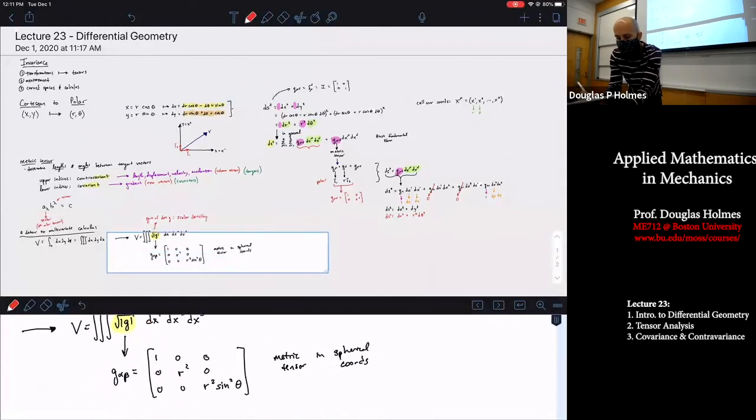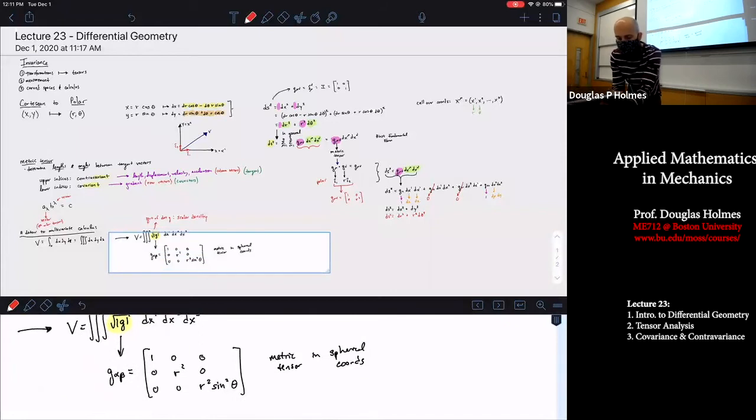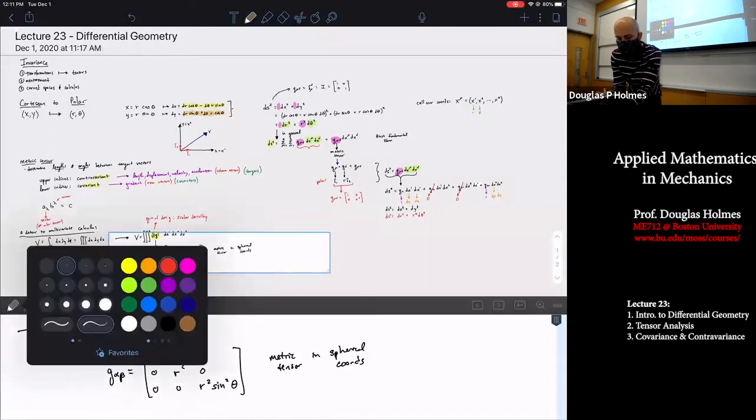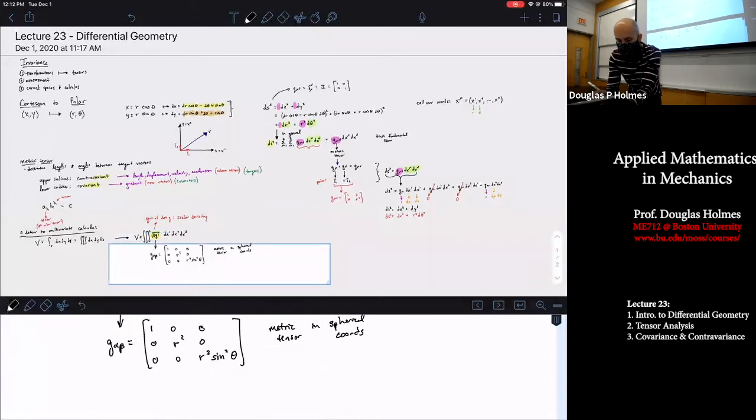This determinant is pretty easy to calculate. It's going to be r to the 4th times sine squared theta. There's no off diagonal terms at all, so the determinant is pretty trivial. And we now have to calculate the scalar density, which is the square root of the determinant of G. And so that becomes r squared sine theta.